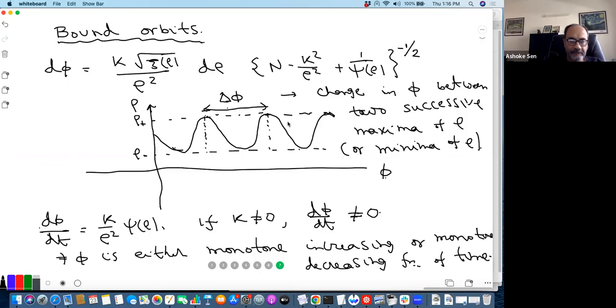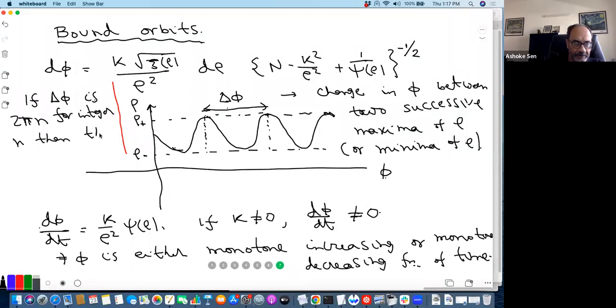That is, if delta phi is 2 pi n, for integer n, then the orbit is periodic.